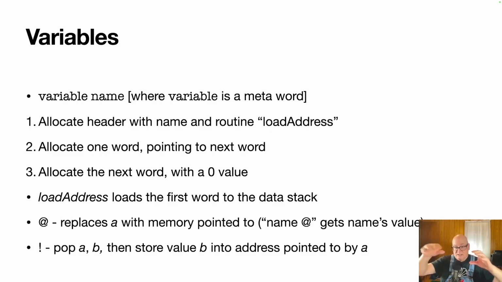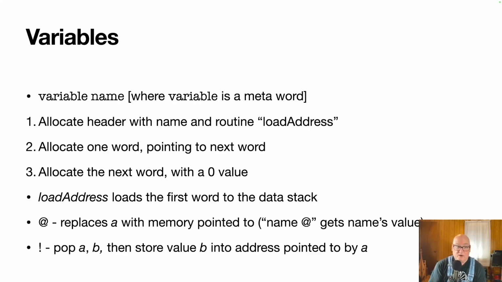Load address gets the address of the body, and it'll somehow load that address, which will give us the address of the following word, which is going to be a 0 initialized variable. So when you call load address, it should load the address of the variable, not the contents, onto the data stack.